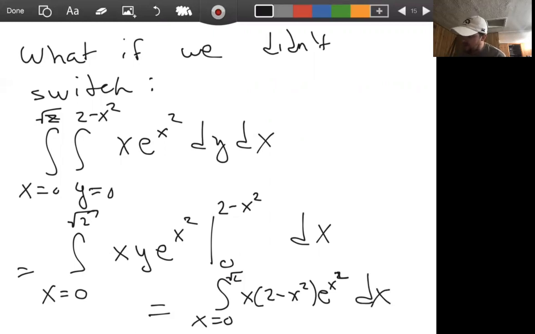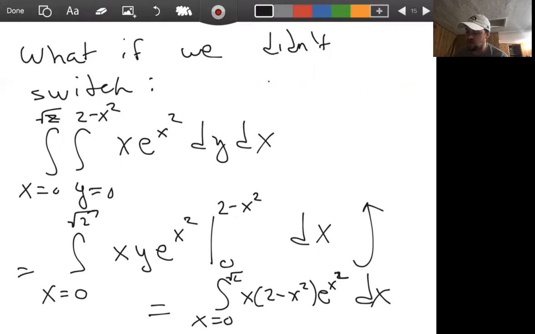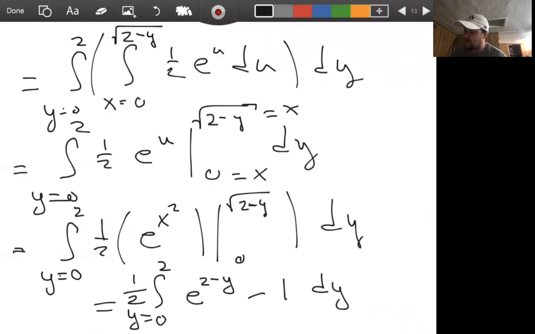And now what you have is, if you were to distribute this, then you'd have a u sub integral, and then you would have a horrible integral, right? X squared e to the x squared. This requires integration by parts. And so you can see the integration itself was much worse off if we didn't switch. And this is why switching can be important.